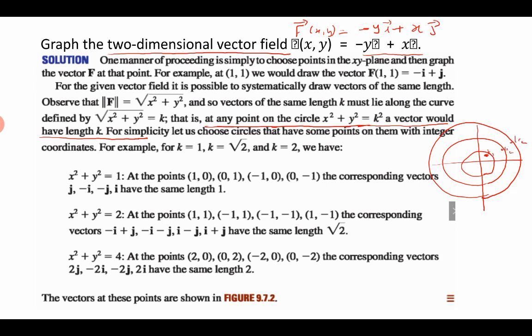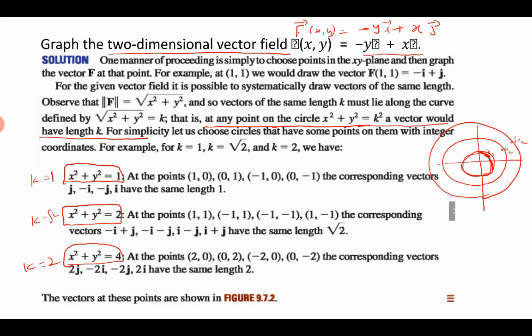So when you draw a vector on the circle, the length of the vector will be k. So obviously the first circle has been chosen as x square plus y square equal 1. Second circle is x square plus y square equal 2. Here the radius is 1, here the radius is root 2, and here the radius is 2.